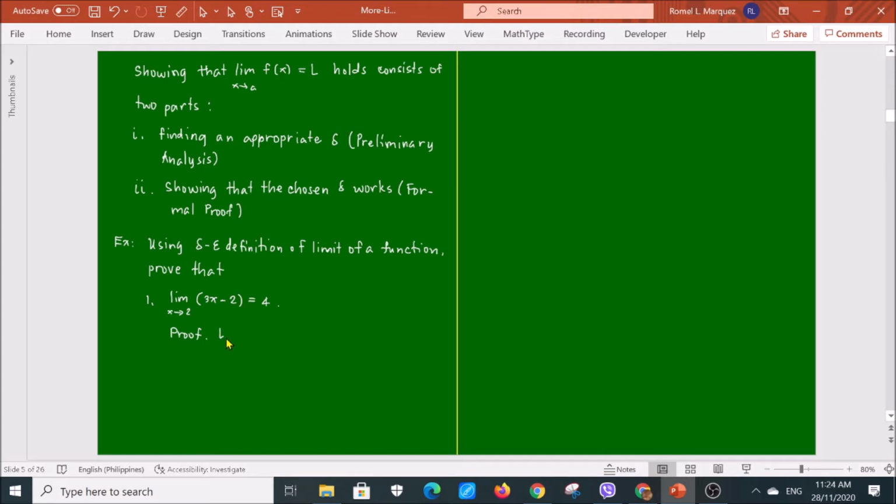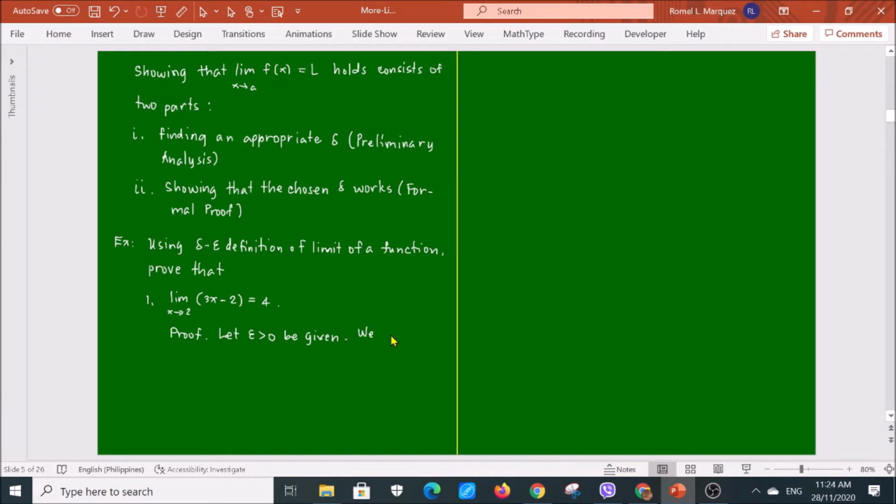So let epsilon be positive, and that is given, no? Let positive epsilon be given.